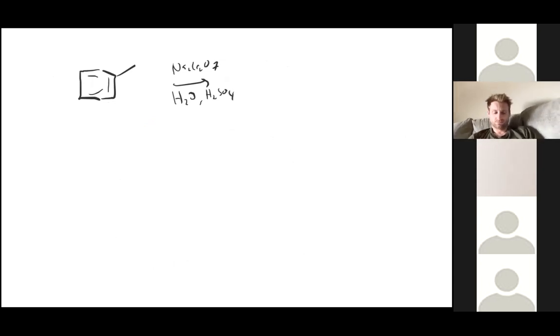If you take toluene and you throw in our strong oxidizing reagent, even though there's no oxygen on there, it's still going to oxidize it all the way to a carboxylic acid. That has to do with the aromatic properties of it.